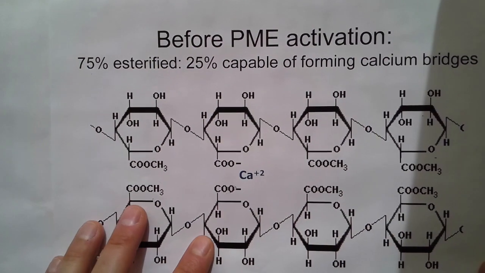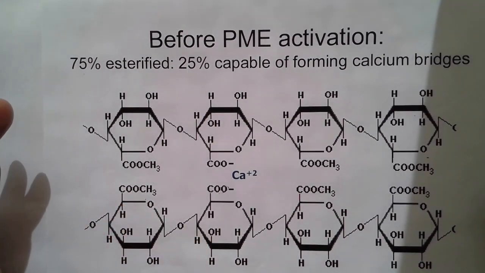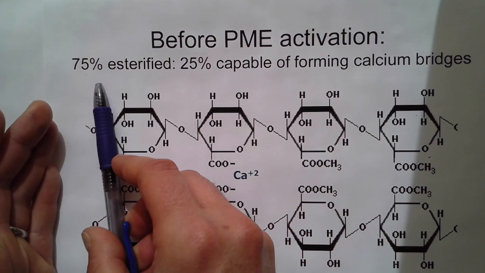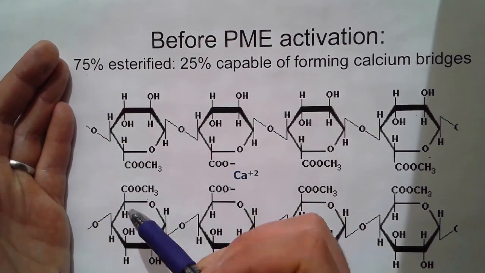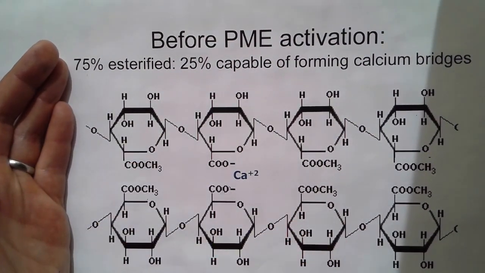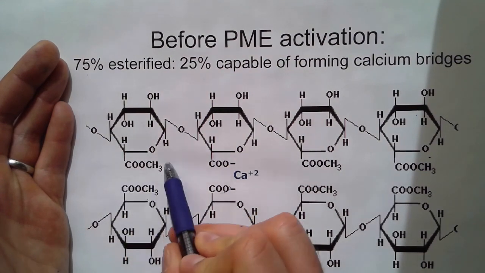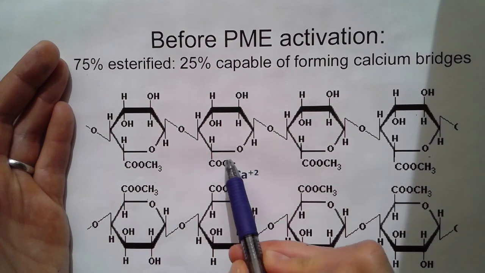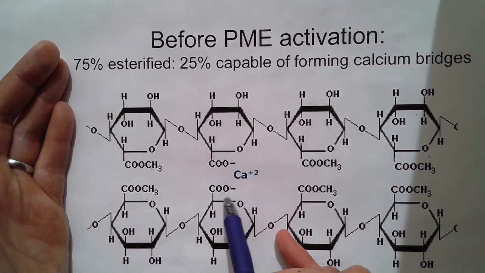Here's a situation where we've got some pectin in a plant tissue, and 75% of that is in this esterified version, esterified meaning that it's got the methyl ester groups on it. And only 25% of it is in the form of these carboxylic acid groups.